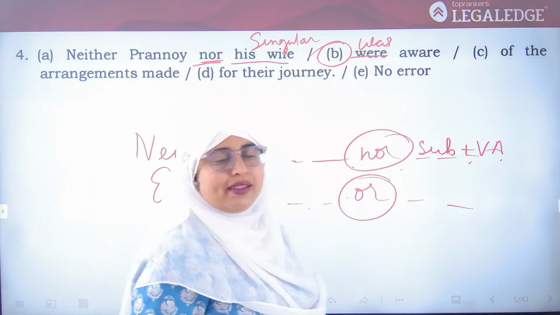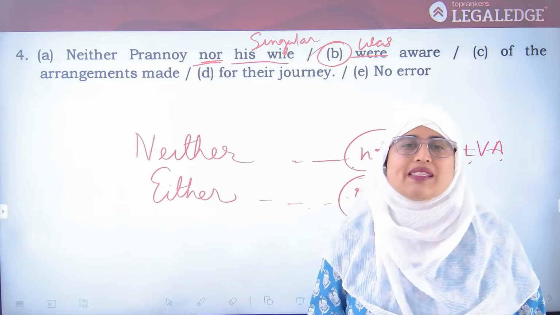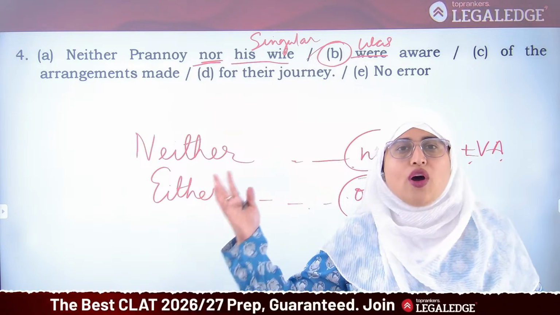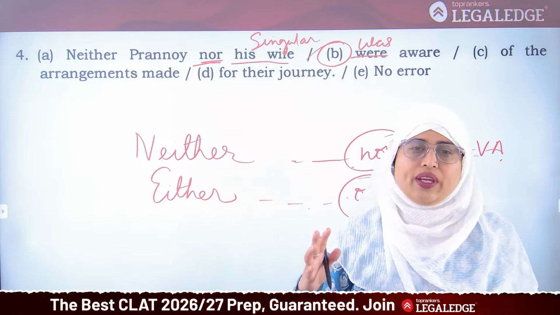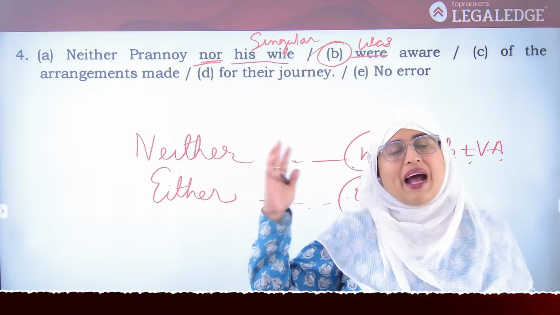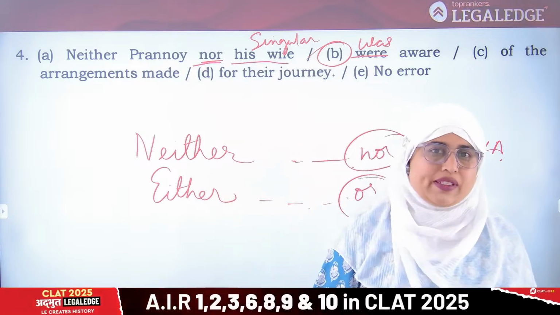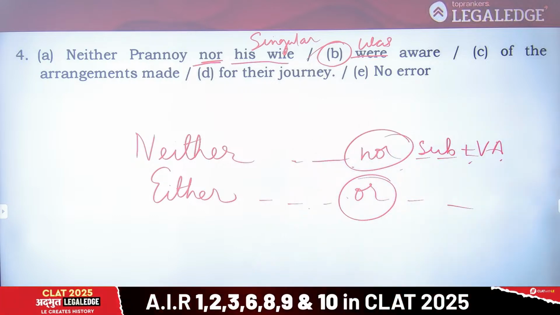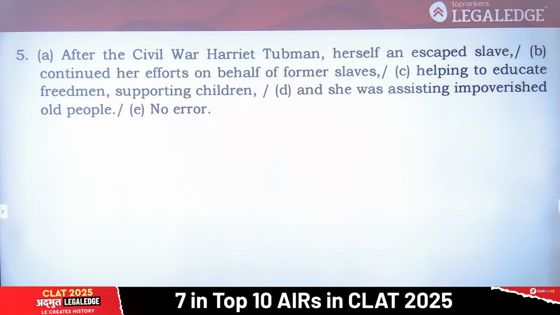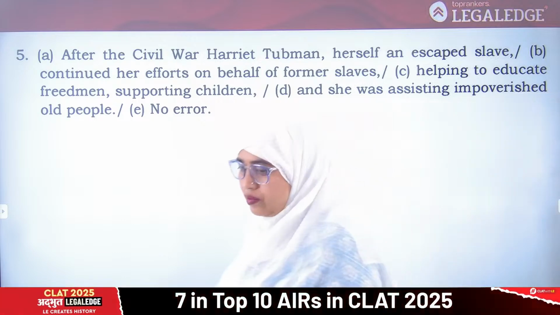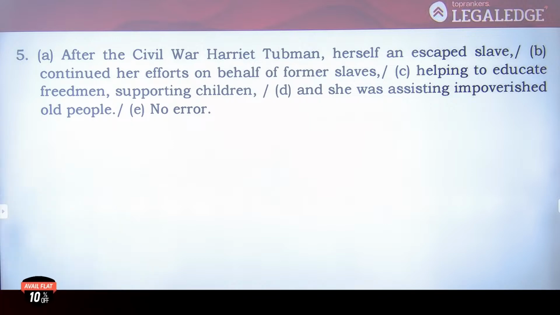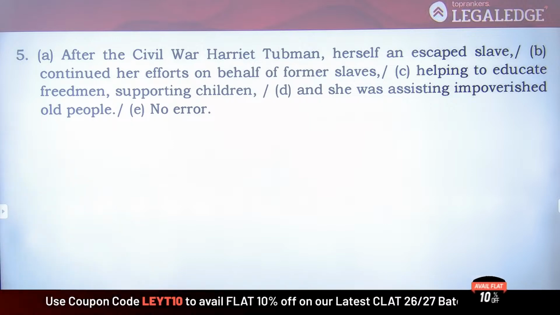We always consider nor and or for subject and verb agreement, and the verb has to agree with the specific subject that comes after nor and or. Come on, students, hurry up.